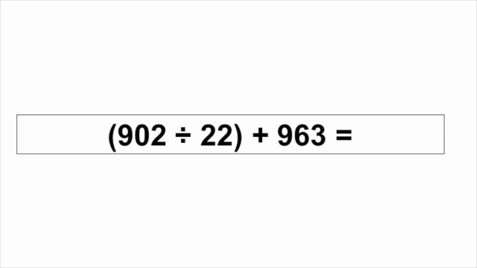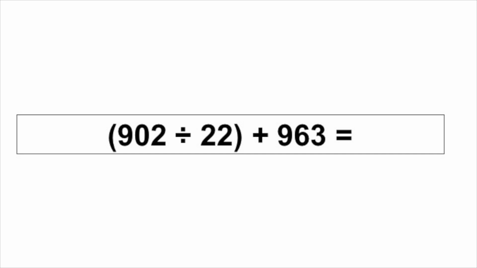Organize 902 divided by 22. So we know the 9 is too small, so we can write 0 above the 9. But then 90. How many times does 22 go into 90? 4 times. So we have our first answer.